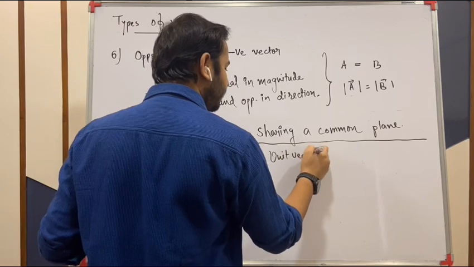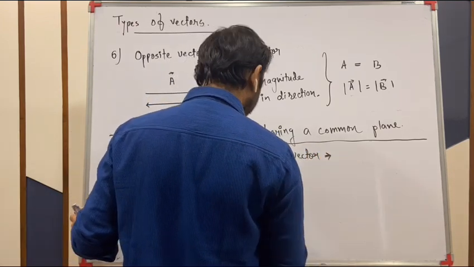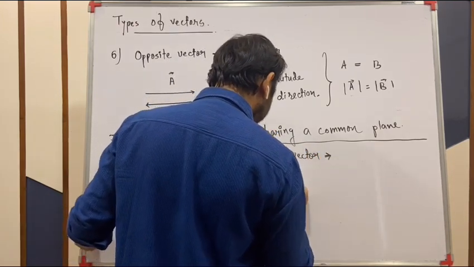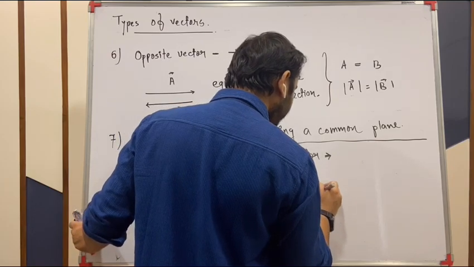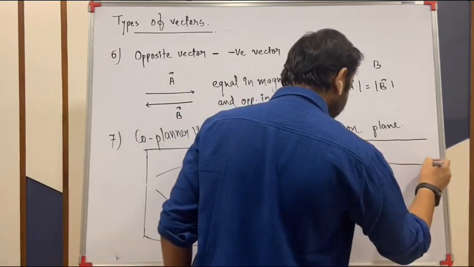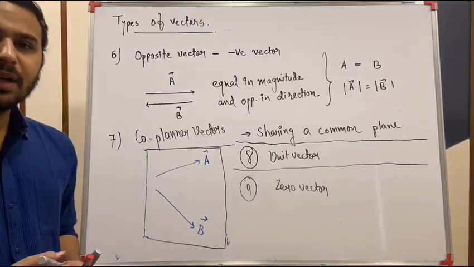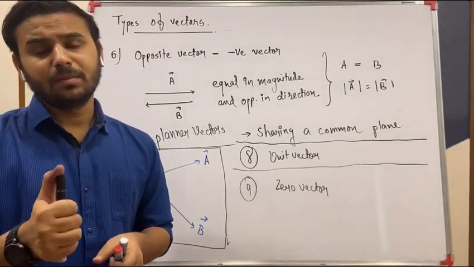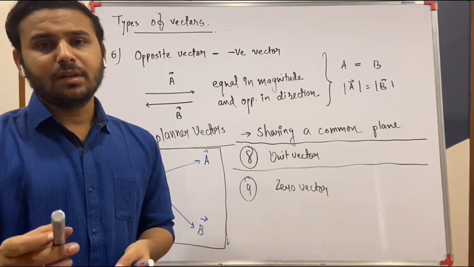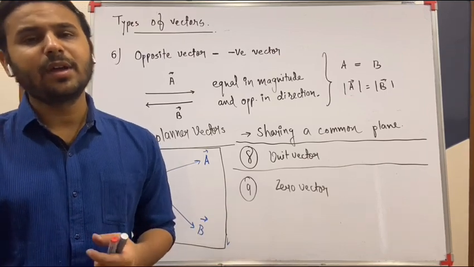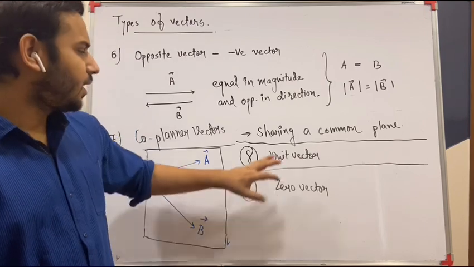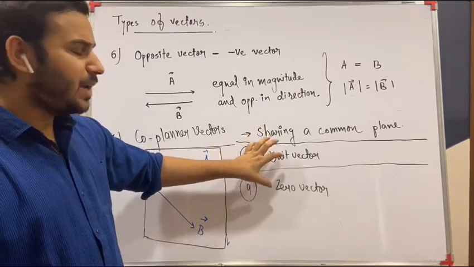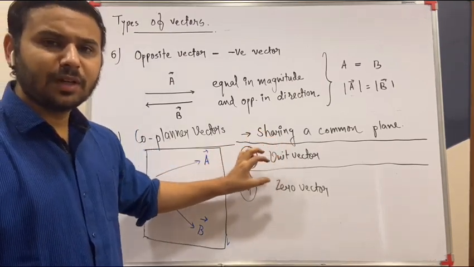Unit vector, and ninth is zero vector. This unit vector I am going to discuss after the one topic, which is resolution of vector in 2 dimension and 3 dimension. Okay, so spare some space for this unit vector.